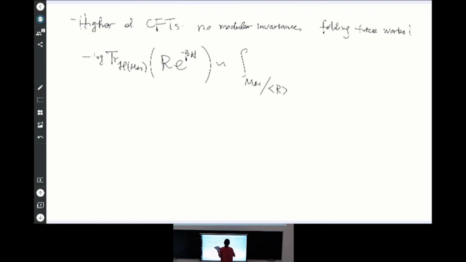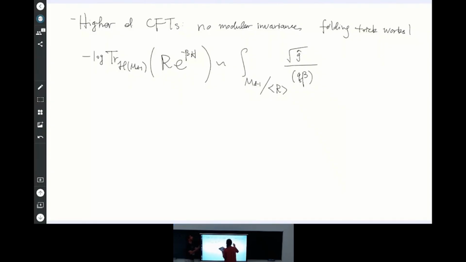It's just that this time I have to do the integral. Oh, sorry. I can still write. Oh, it's coming back.